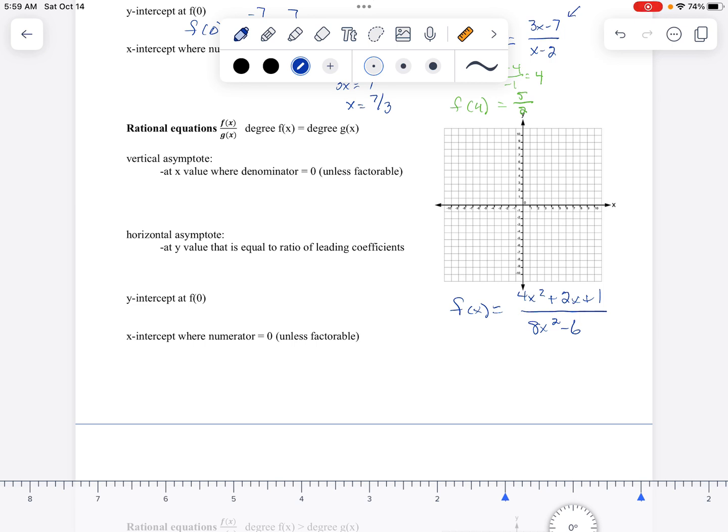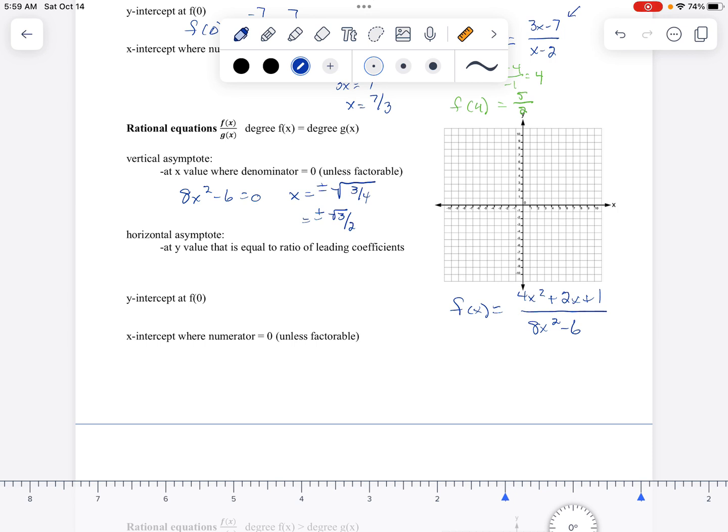Well, first of all, vertical asymptote, again, is the x value where the denominator equals 0. So I take 8x squared minus 6 equals 0. So my x is going to be plus or minus the square root of 6/8, which is 3/4, which is plus or minus the square root of 3 over 2.